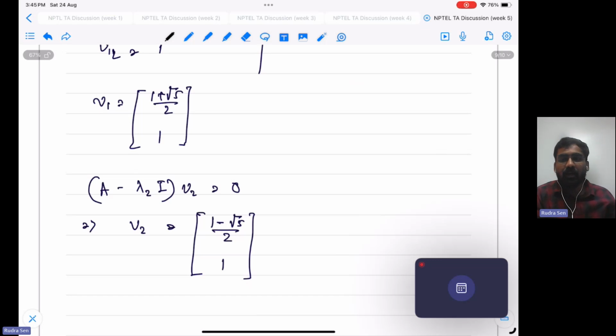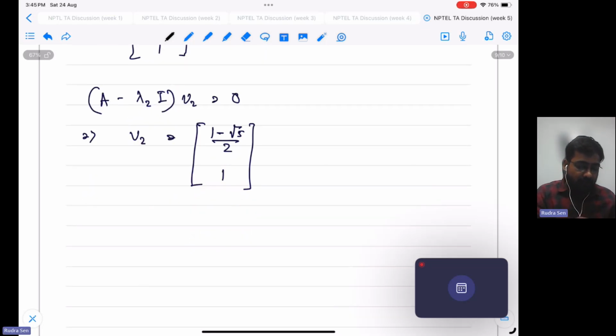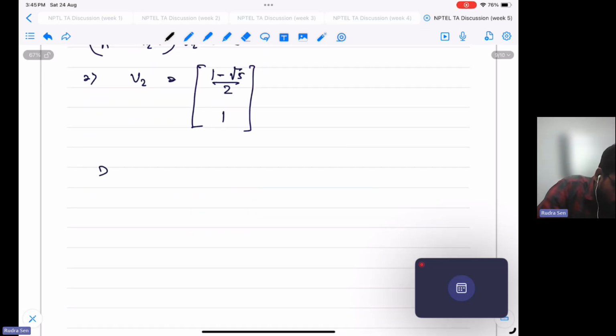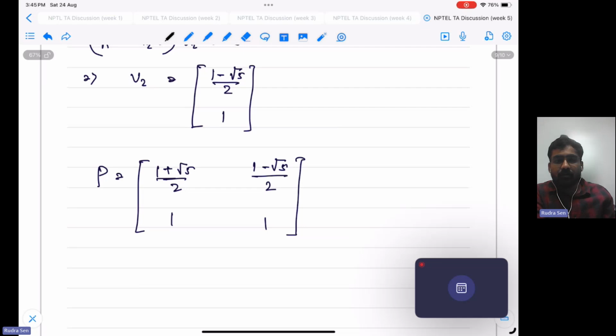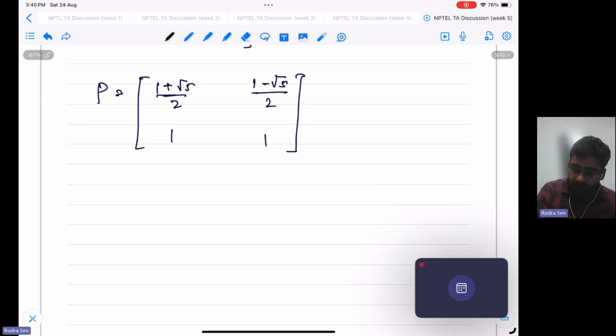Since we get distinct eigenvalues, these v1 and v2 are definitely linearly independent. If we put all these eigenvectors into a matrix as columns, the matrix is definitely non-singular. Okay, so this is P.